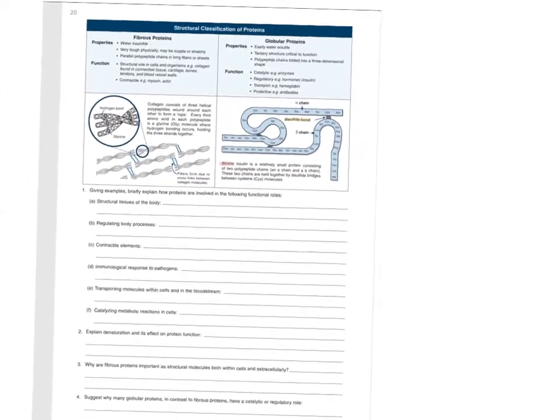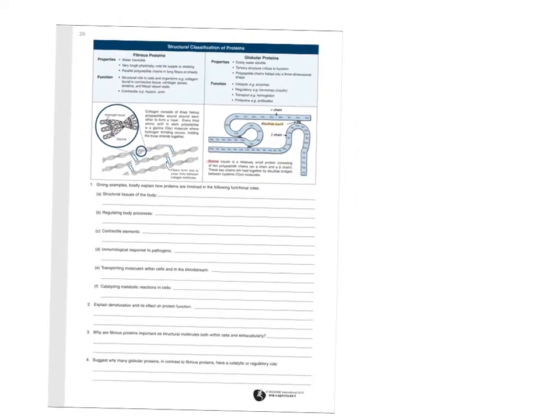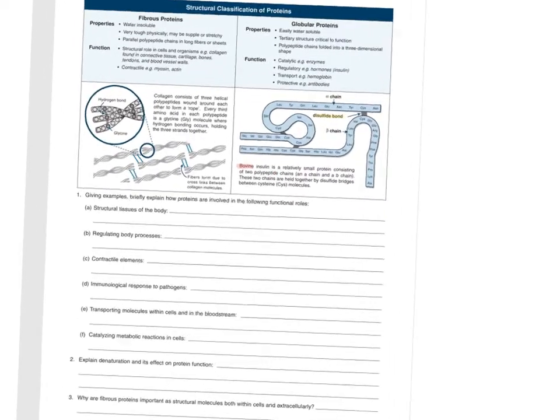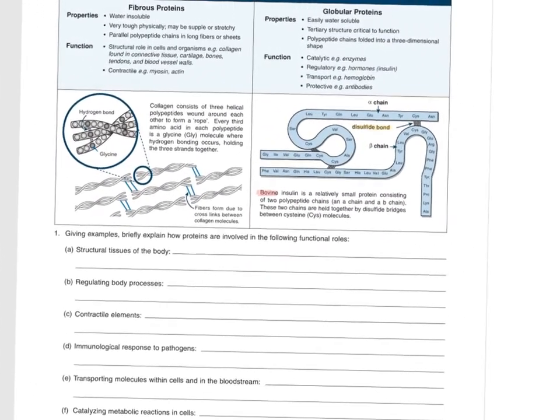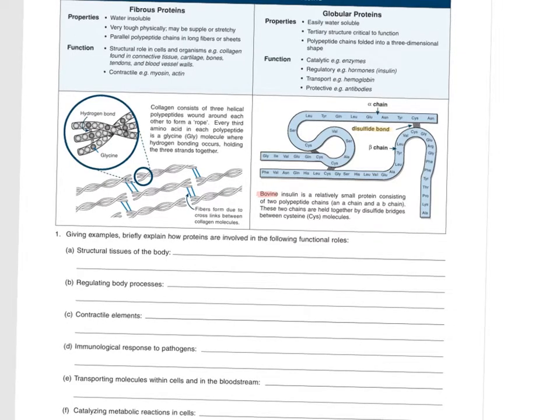So anyways, try to answer these questions. You should have no problem answering these. Let's go through and make sure we understand what these are. Structural tissues, you should be able to identify that. How are the proteins involved in that? You read, it talks about it. Regulating body processes, right? That would be things like hormones.